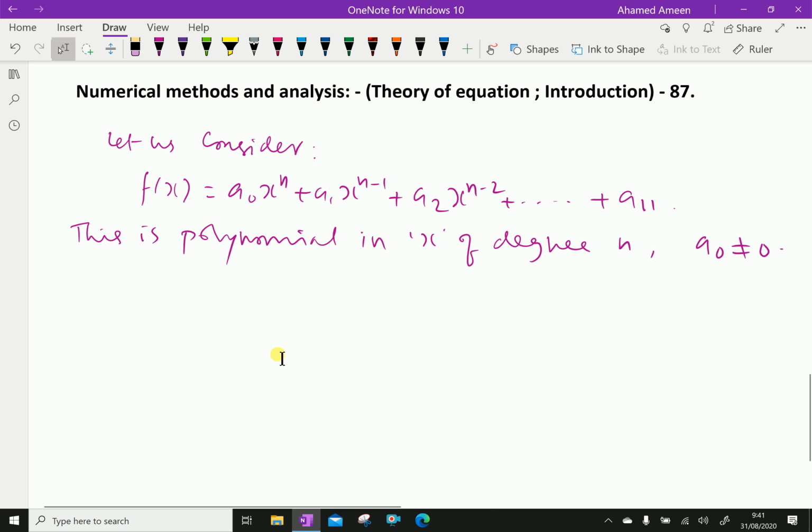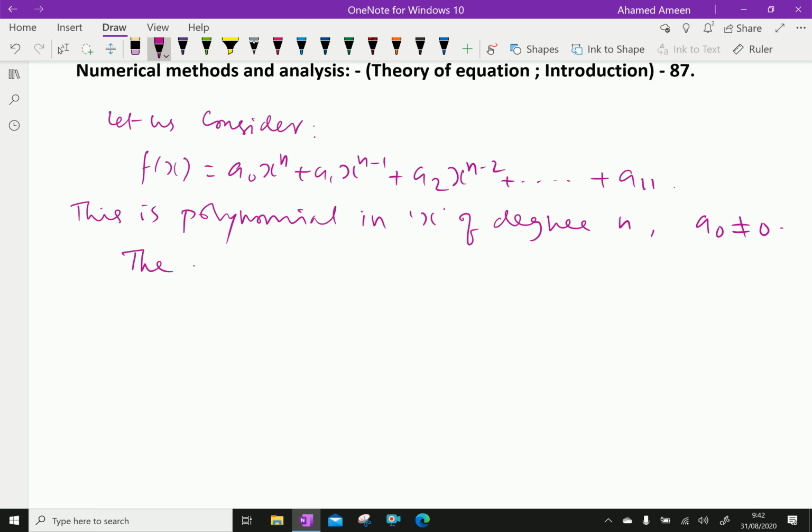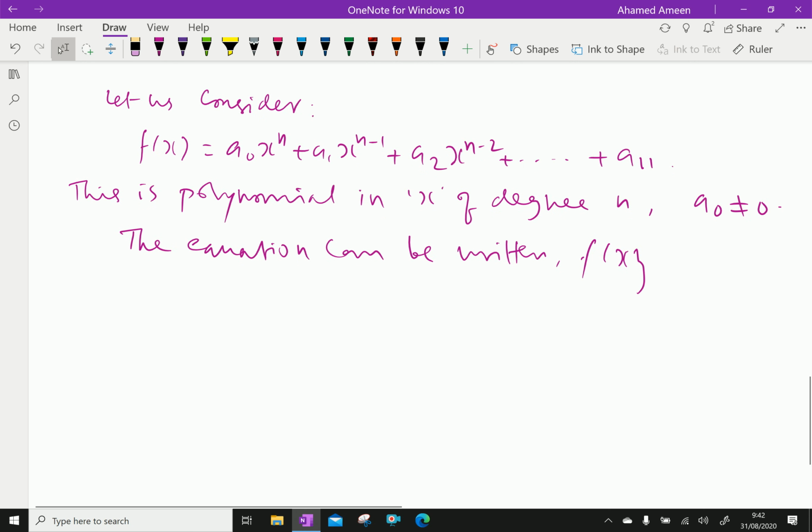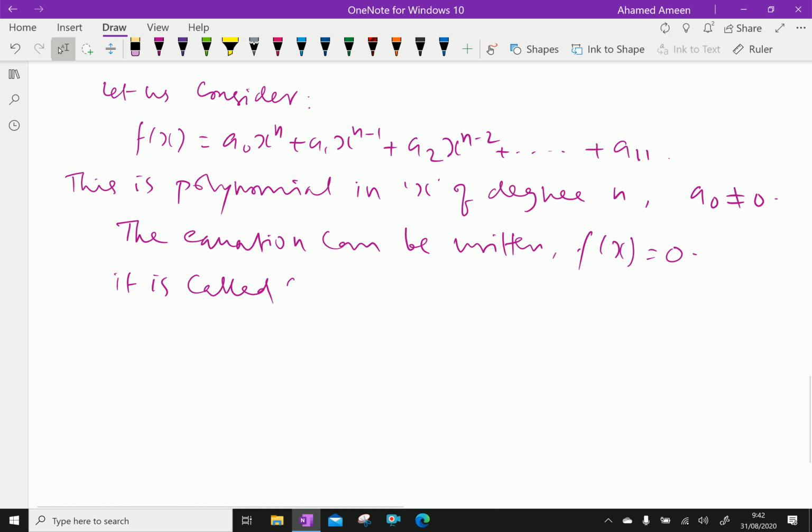The equation can be written from the above polynomial like f of x equal to 0. If we equate it to 0, it is called an algebraic equation.